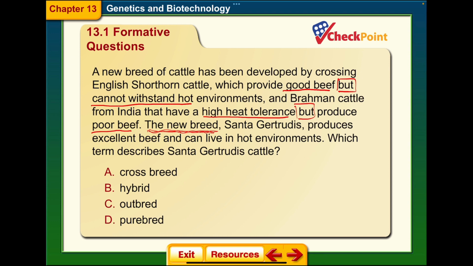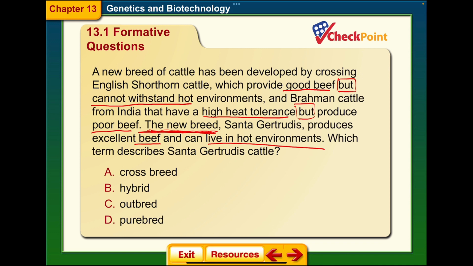So that means we crossed the English short-thorn cattle with the Brahman cattle, and we got this new breed of cattle called the Santa Gertrudis, and it produces excellent beef and can live in hot environments.